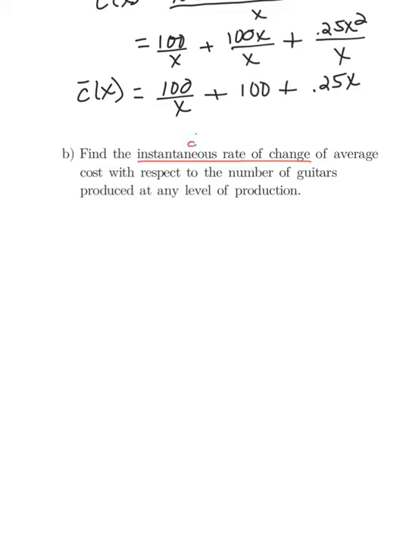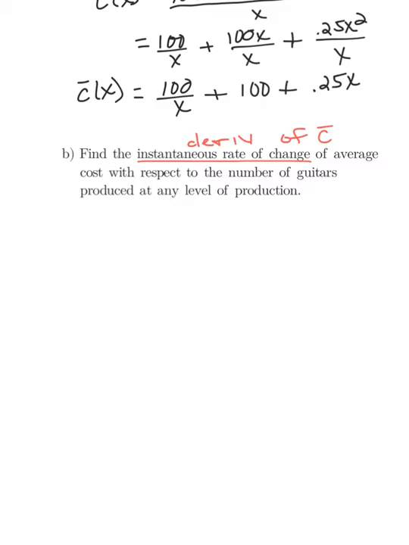So we want to do the derivative of average cost, C bar. That's what that's asking us to find. The part that says with respect to the number of guitars produced at any level of production means find the formula. They want just a general formula with a variable in it for the derivative of average cost.